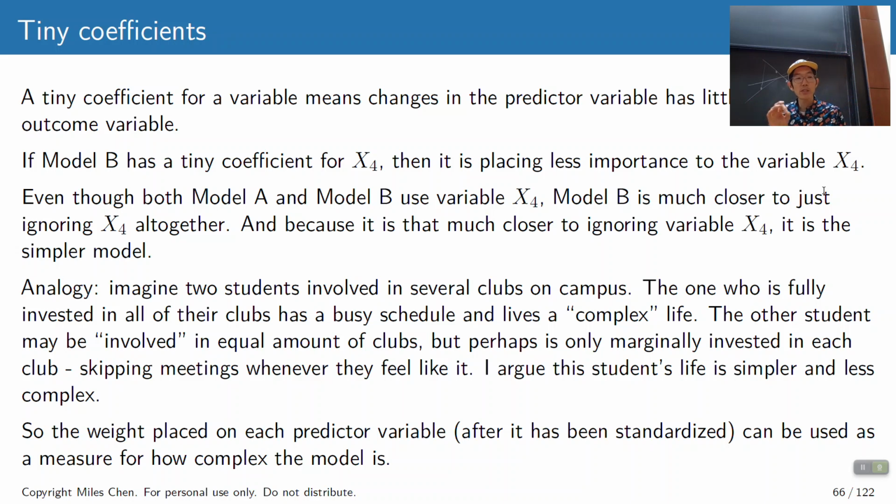So if model B's weight for x4 is 0.01, basically it's saying x4 is not as important of a variable. Okay, and so when x4 changes, model B is hardly affected at all. It doesn't actually really care. You can almost throw away that variable x4 and it barely has an impact on model B. Whereas model A still places an important weight on that variable x4.